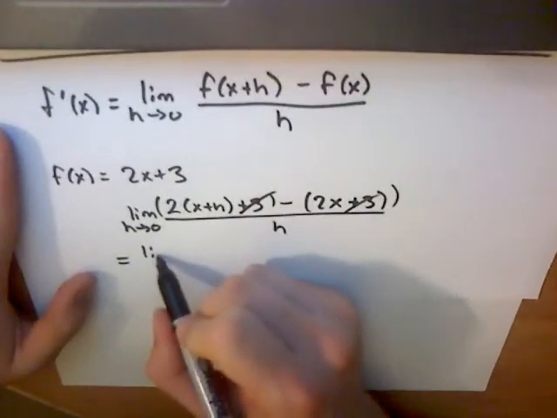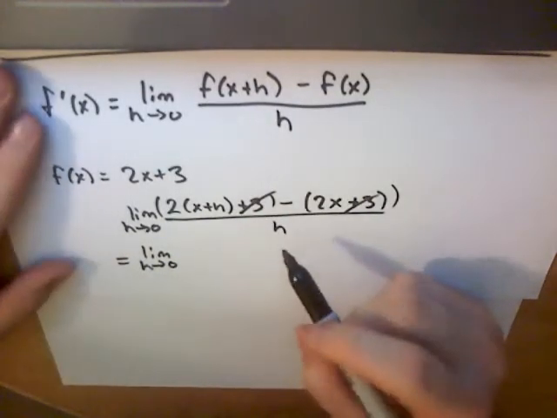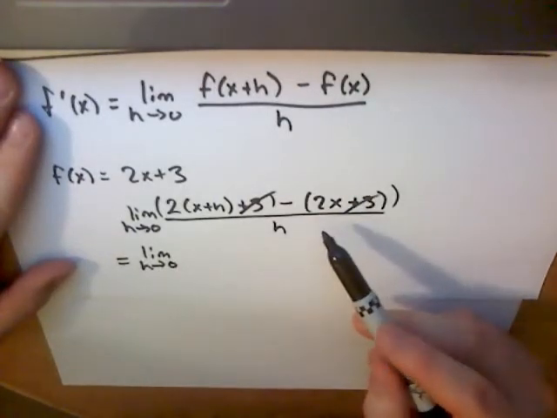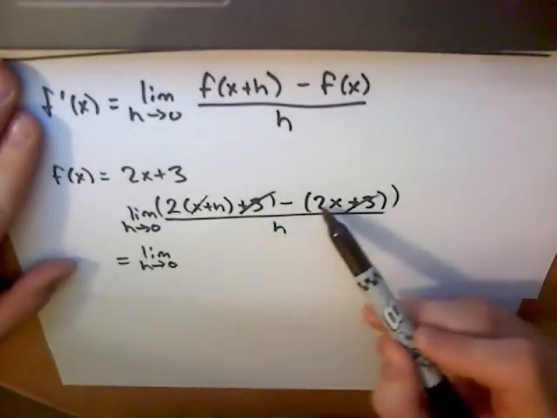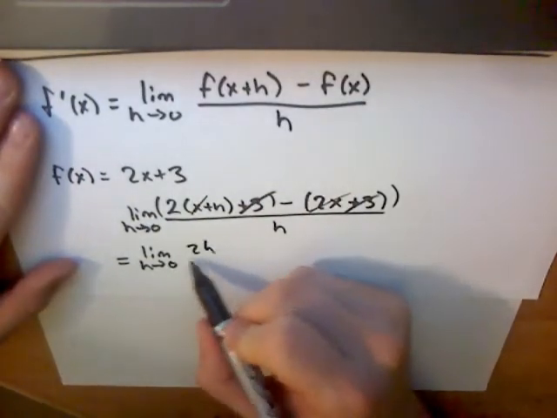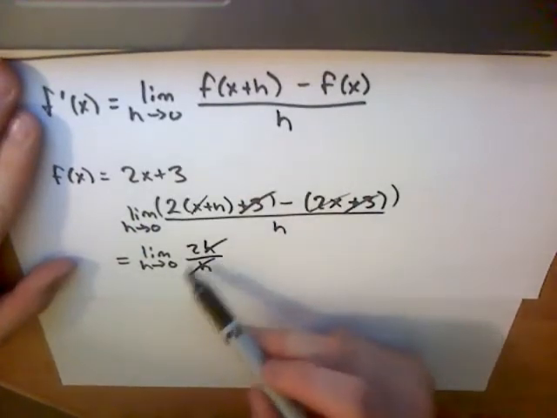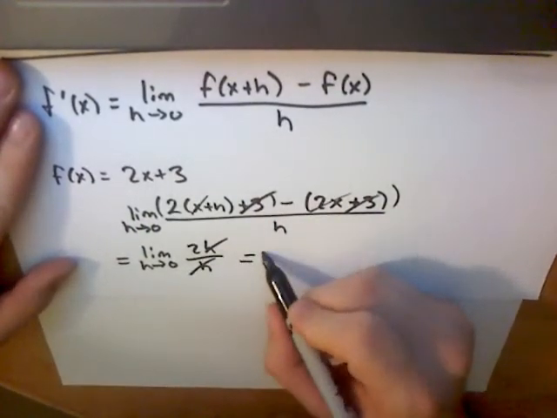So this is equal to the limit as h goes to 0 of, we also notice that this 2x cancels with the 2x, leaving 2h over h. The h's cancel, and the limit of some constant is just the constant.